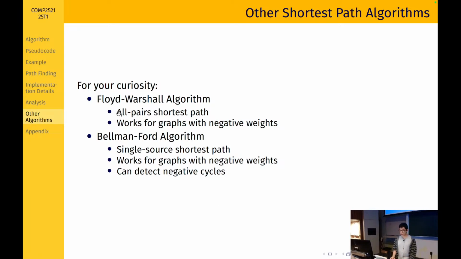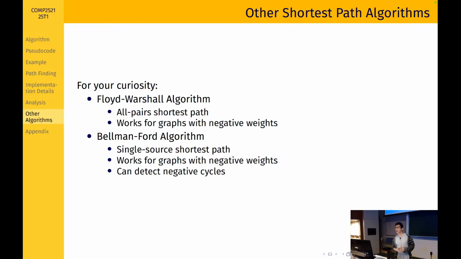This is an algorithm that lets you calculate the shortest path between every pair of vertices, okay? So it's an all pairs shortest path algorithm, and nicely it works for graphs that have negative weights, okay?